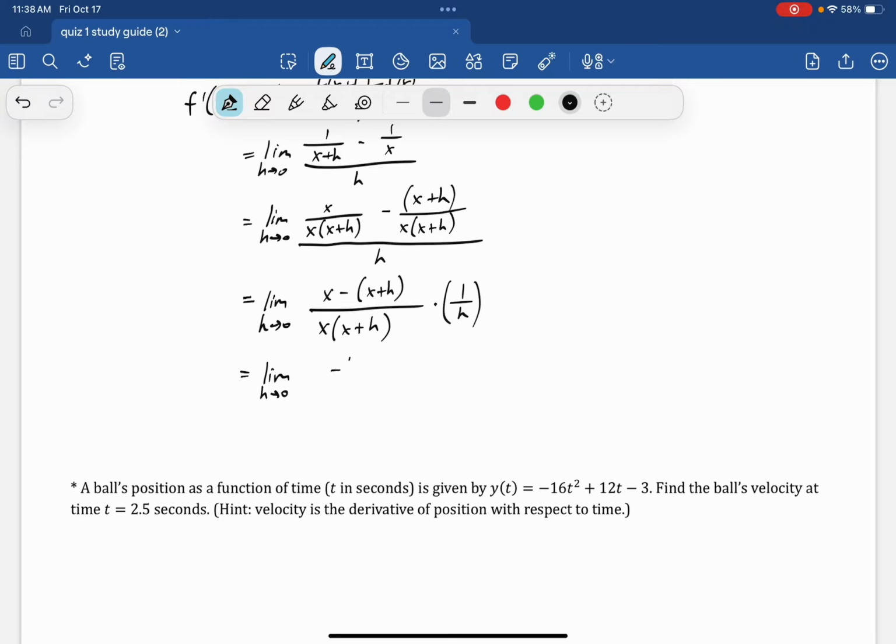I have minus h, because the x's cancel out and the minus sign distributes to the h. Minus h times hx, because this h is also multiplied here. And then the h's will cancel out in the numerator and denominator.